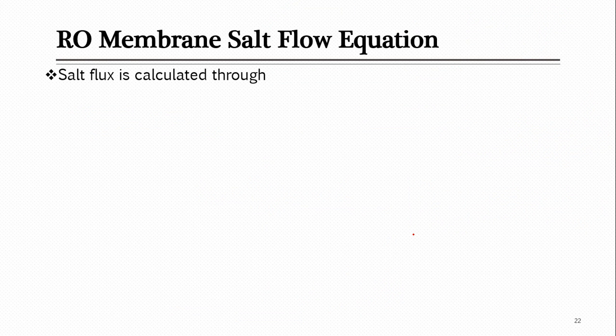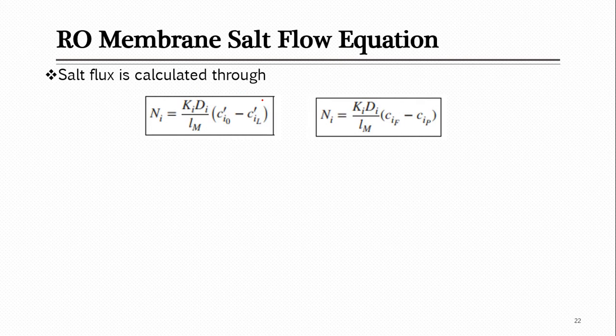The other parameter is salt. That is the second parameter, salt calculation, and salt flux is calculated through some equations. They were already described in a section of mass transfer which we have skipped, which, as I told you, was not related to your course, but there is one equation which can be used for salt flow calculation in this section, even for RO.